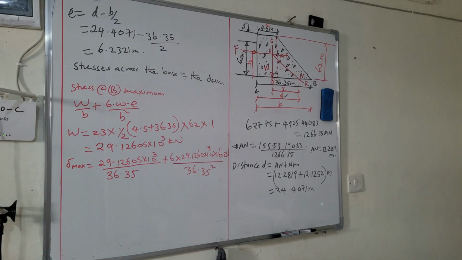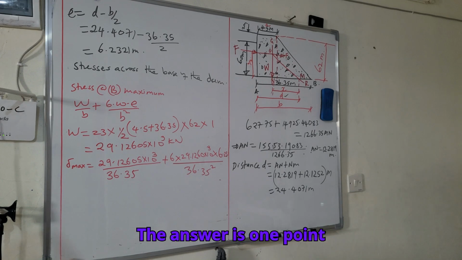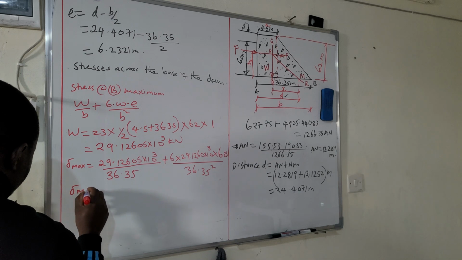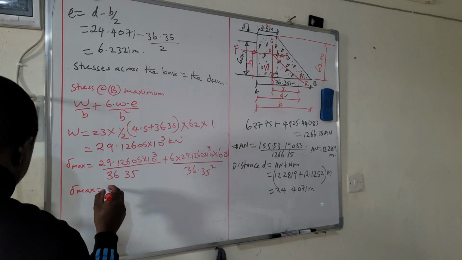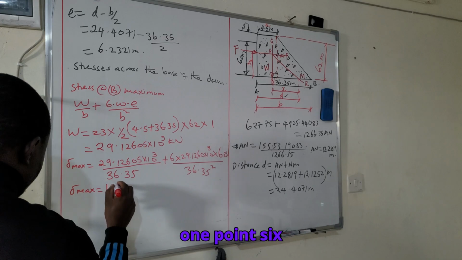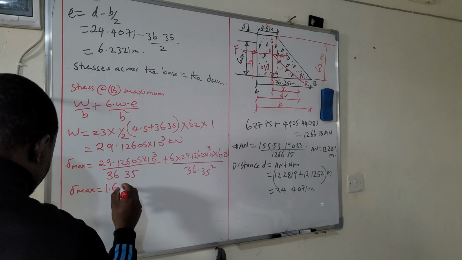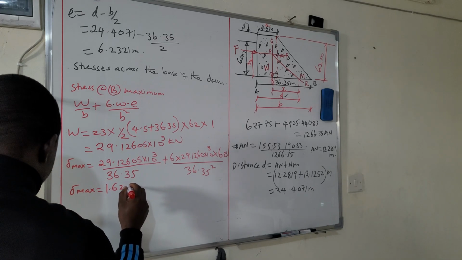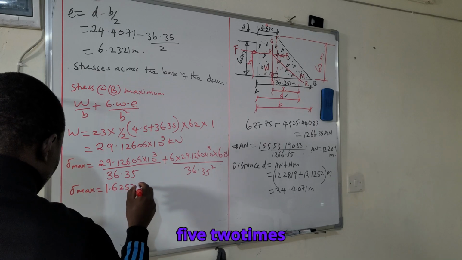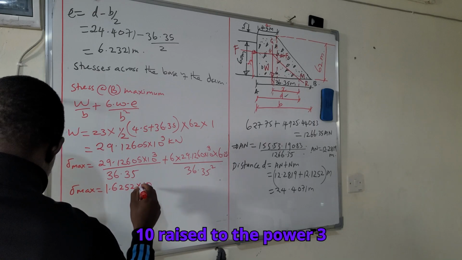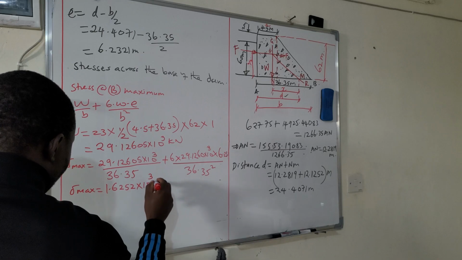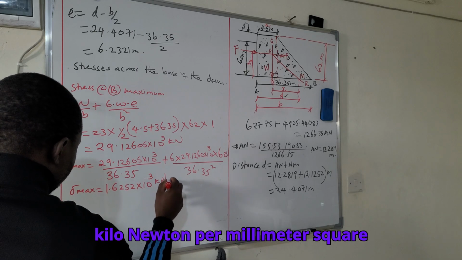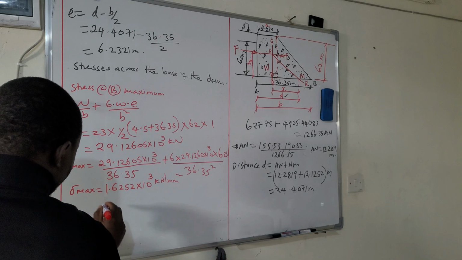Punch your calculator. The answer is 1.6252 times 10 raised power 3 kilonewton per millimeter square.